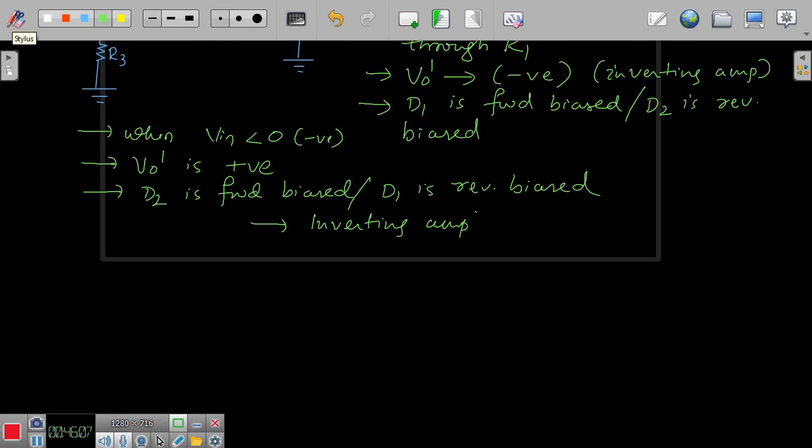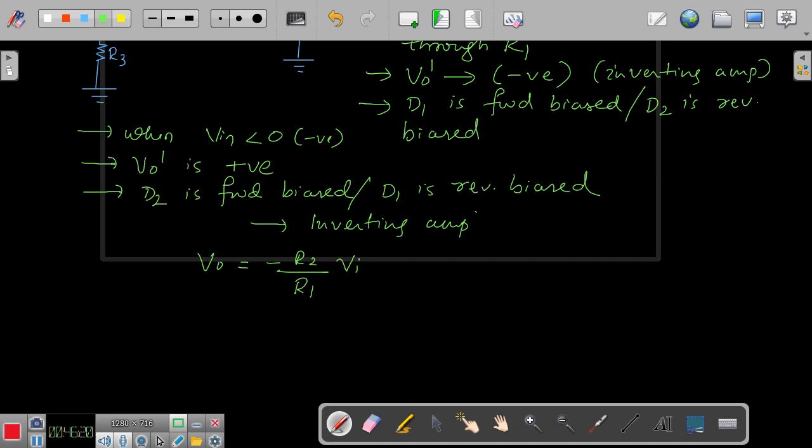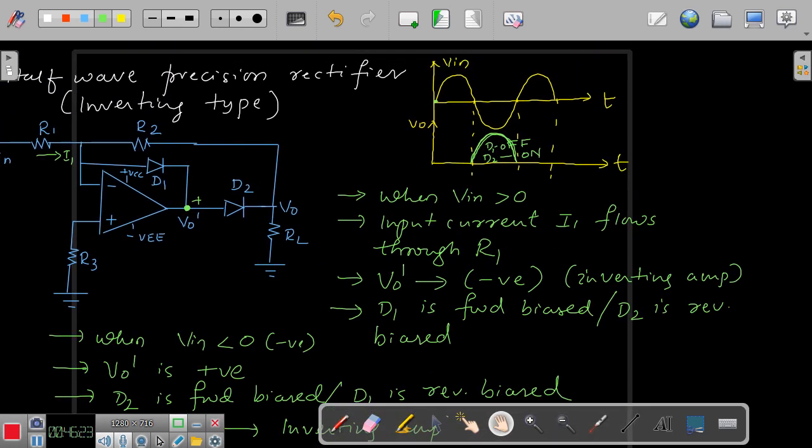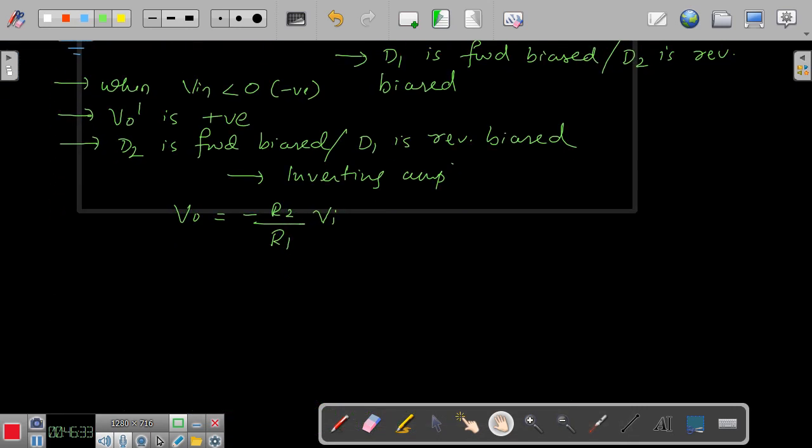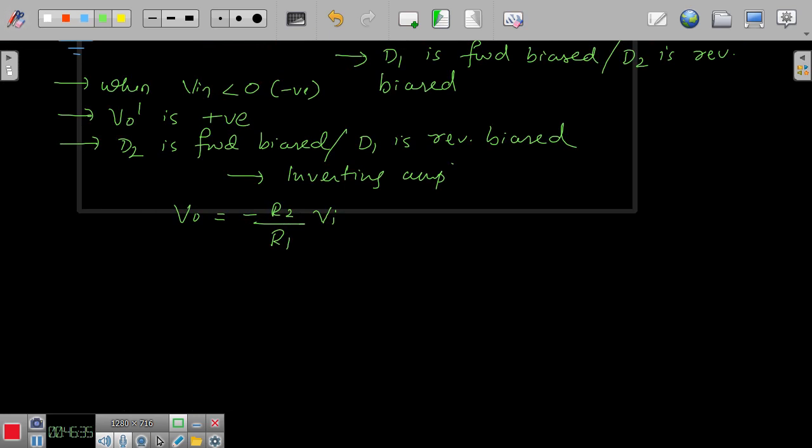Now here your V naught is equal to minus R2 by R1 into Vi. So that is the reason why I have been telling you, you will have the operation of this circuit both as a signal processing circuit, that is the rectification, as well as the amplifier, right? Now if you select the values of R1 and R2 in such a way that you can get a gain more than one, you can amplify the signal as well.